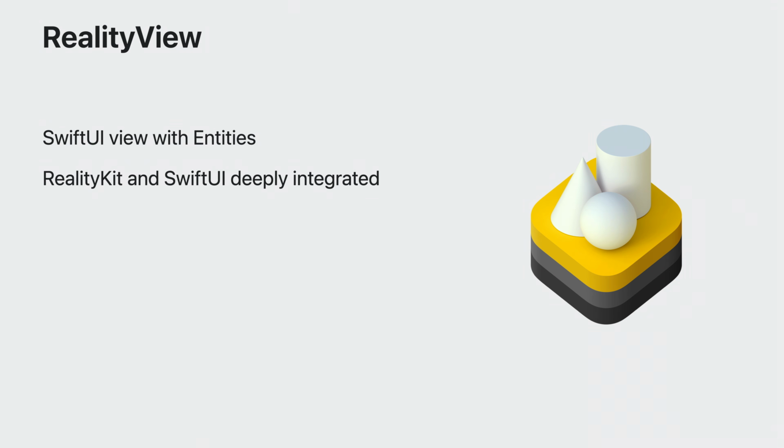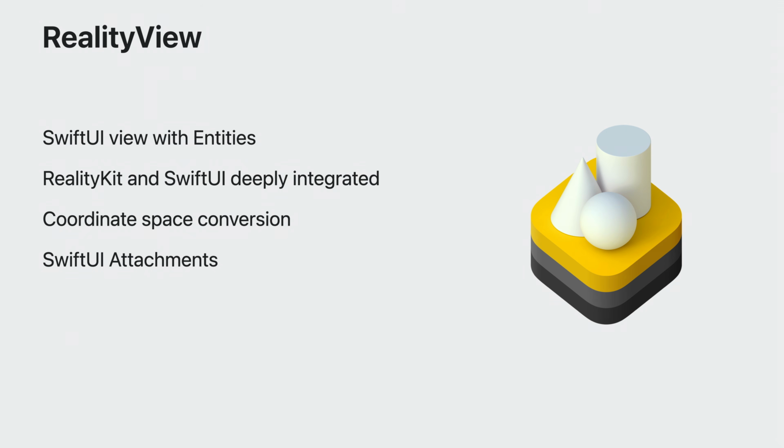SwiftUI and Reality View let you easily integrate your app by connecting to SwiftUI's managed state and entity properties. This makes it easy to drive the behavior of 3D models with a source of truth from your app's data model. Conversion between coordinate spaces is easy with conversion functions provided by Reality View. And Reality View offers a way to position SwiftUI elements inside your 3D scene through attachments.